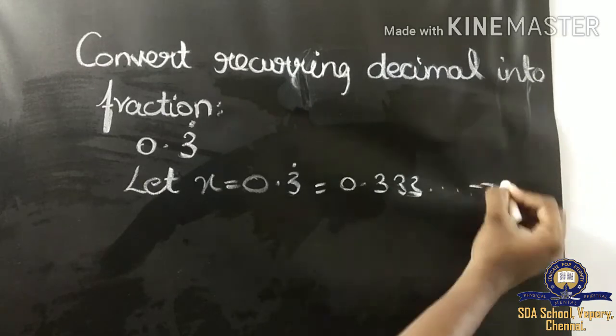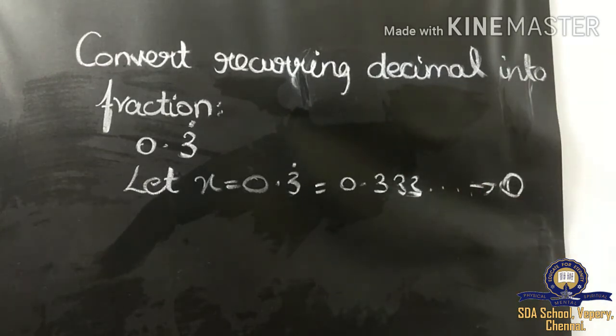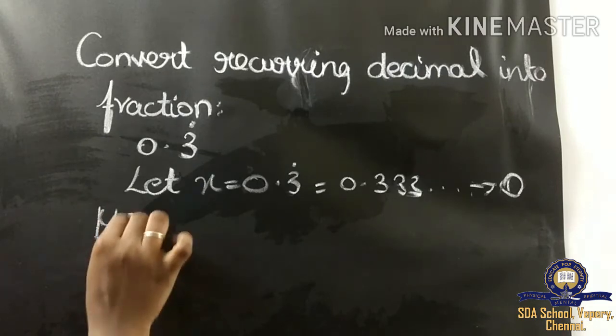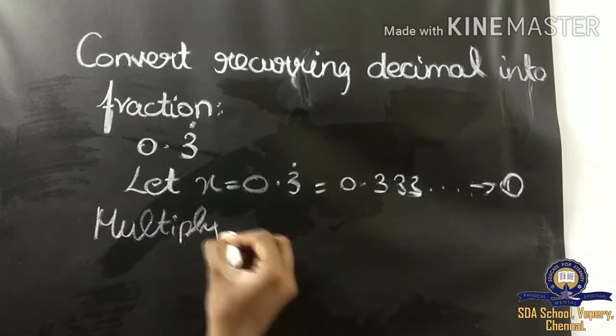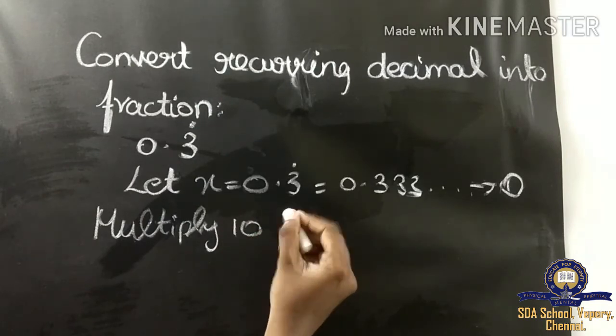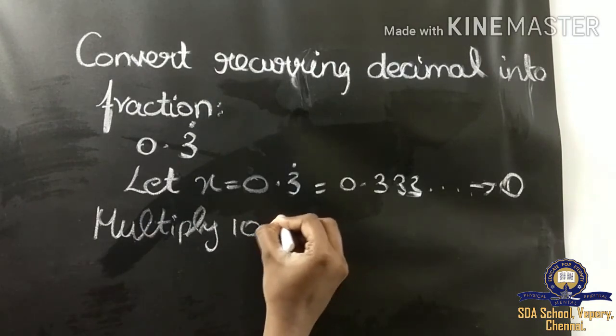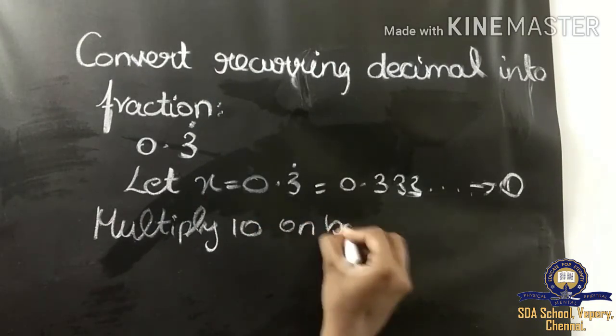Let's take this as equation number 1. Next, we are going to multiply 10 on both sides.